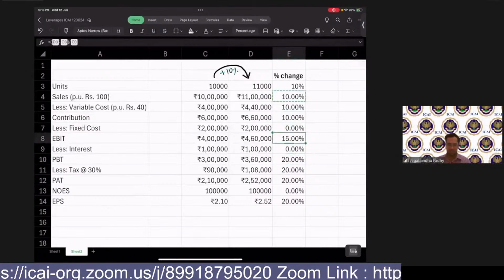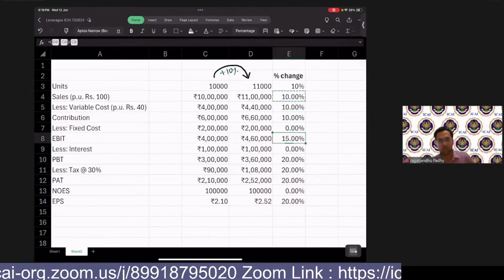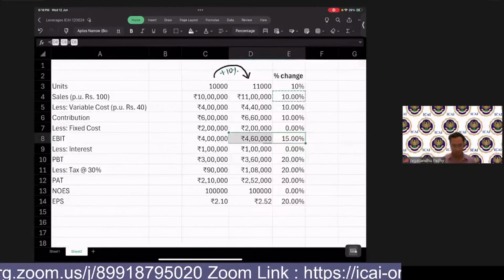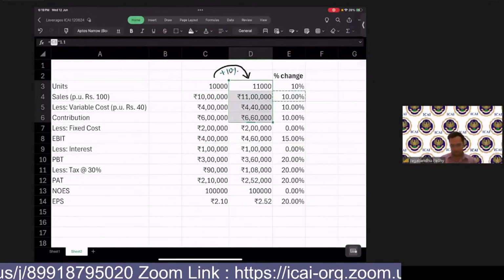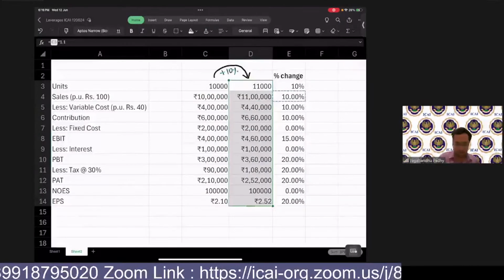Here we have these numbers. Now, I just want you guys to focus on certain numbers that I'm highlighting. Just have a look at it.